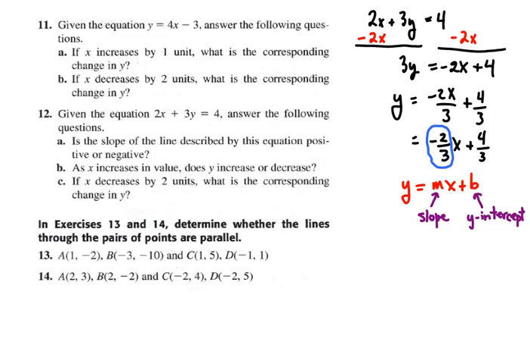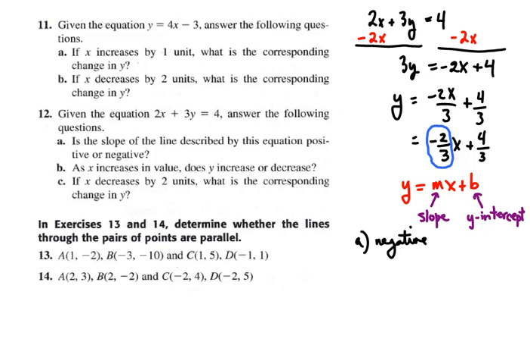In this case, that's -2/3. That says when x goes up by 1 unit, y is going to go down by 2/3 of a unit. And so we can answer question A, which says, is the slope of the line described by this equation positive or negative? We say that it is negative.